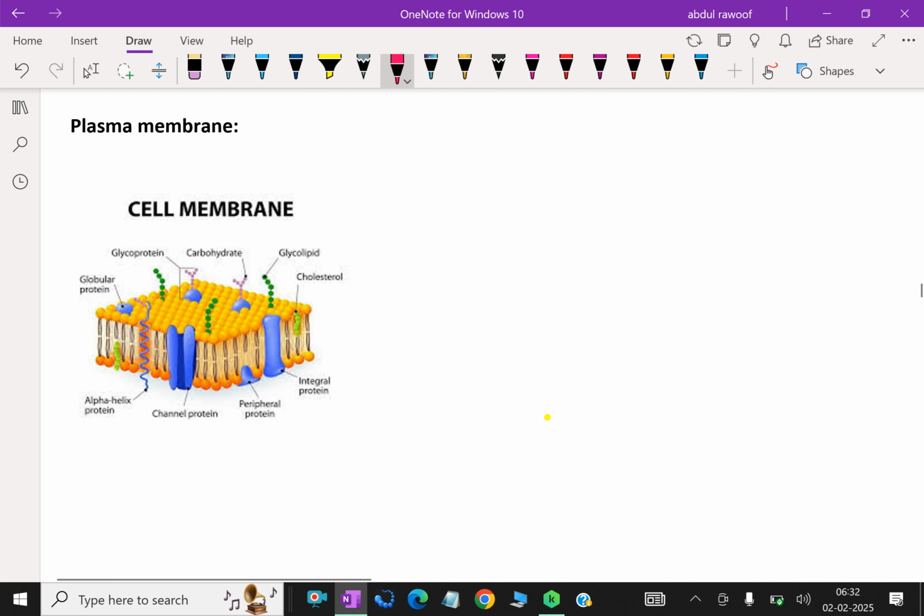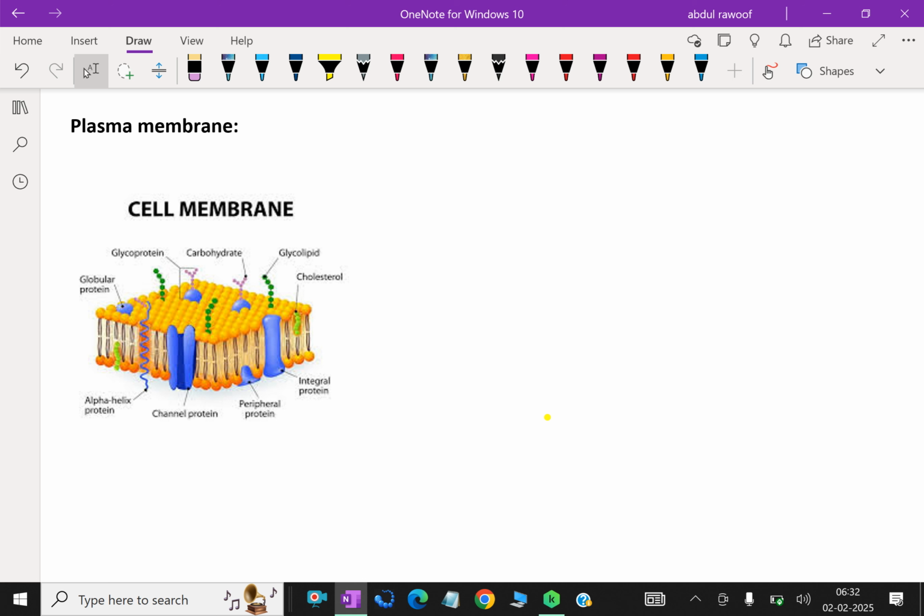Next, we talk about the plasma membrane. What is the plasma membrane? It consists of two layers of phospholipids with proteins and sugars embedded in them. In addition to phospholipids, the lipid cholesterol is also present. The phospholipid molecules have a head which is electrically charged and hydrophilic, meaning water loving, and a tail which has no charge and is hydrophobic, meaning water hating.